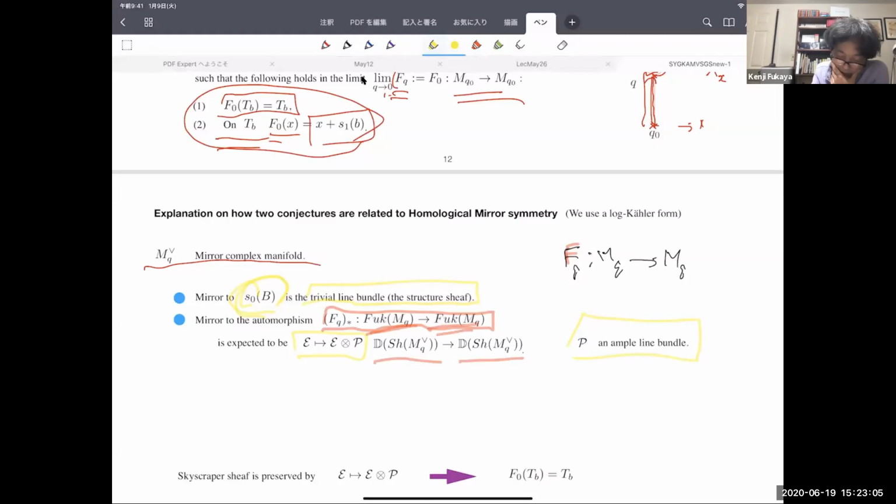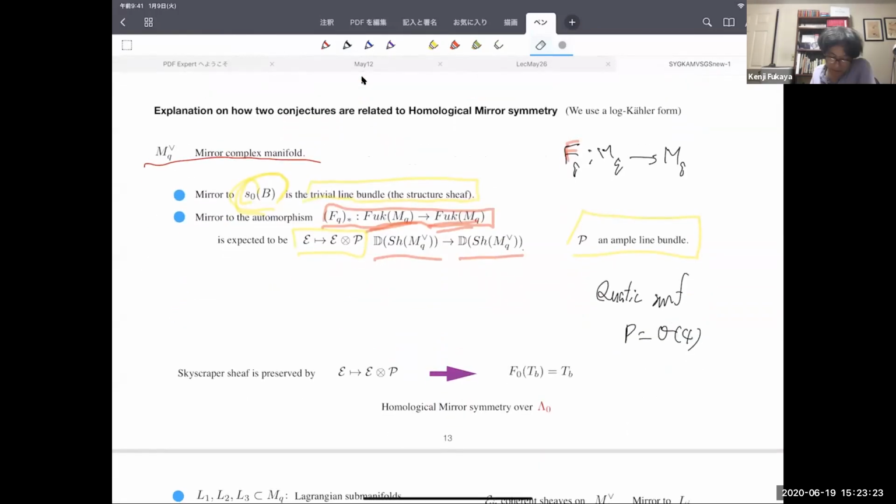For example, in an example of this quartic surface, I think this P is, I think, O(4). So you have some particular line bundle, then you can just take a tensor product and you get the mirror to this one. Then if you believe this, a skyscraper sheaf is just a sheaf supported at a point.